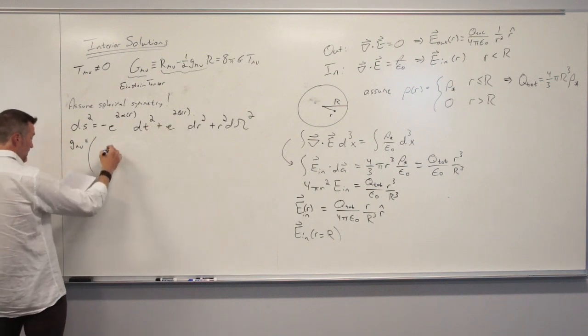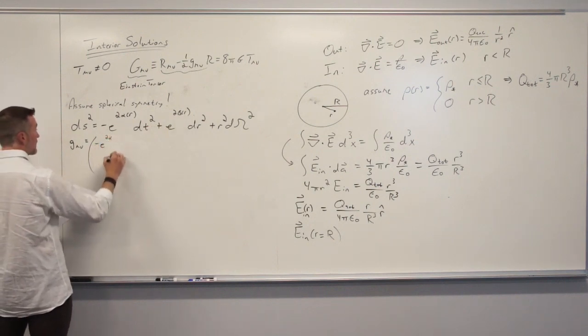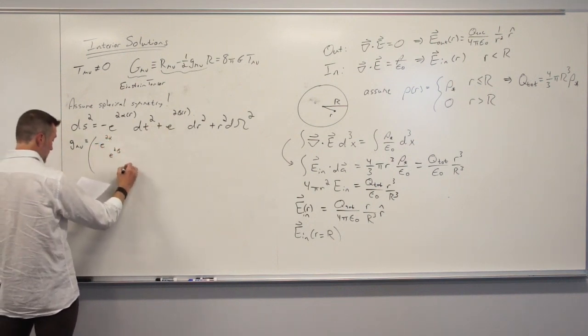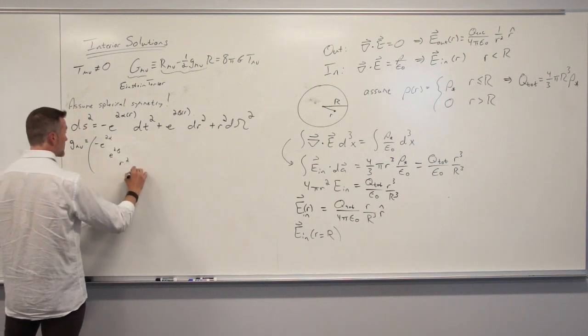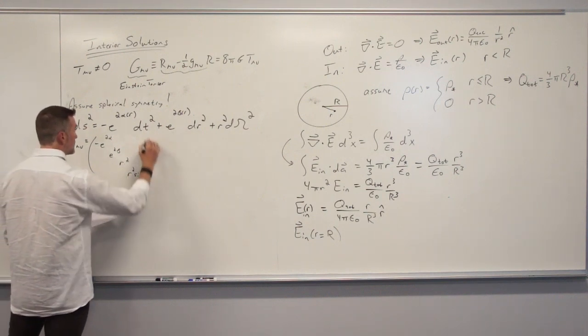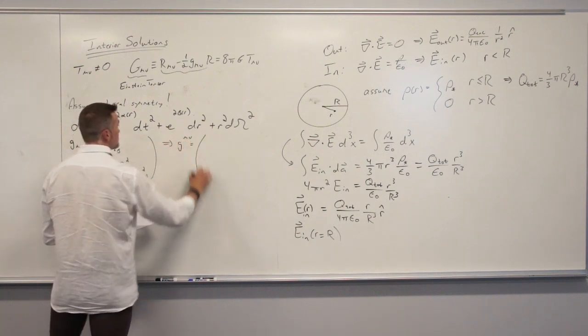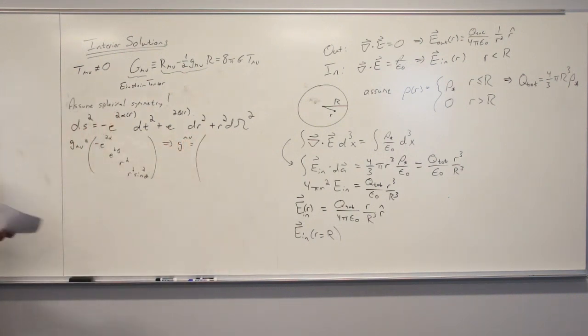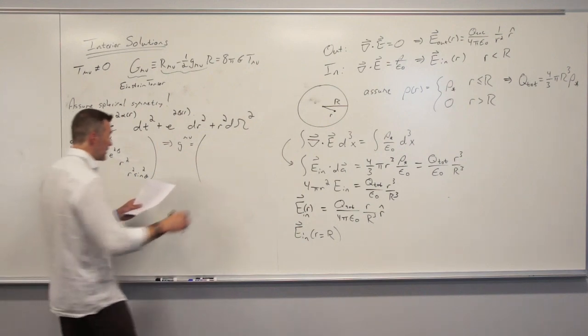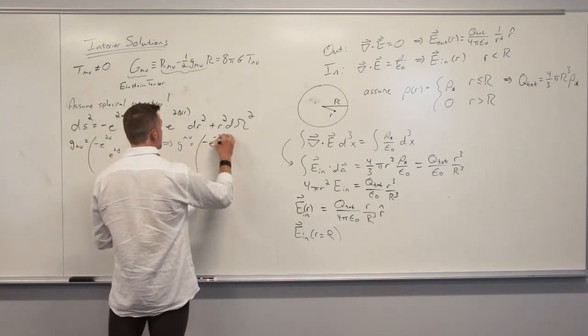Instead of the line element, I'm going to have minus e to the 2 alpha, e to the 2 beta, r squared and r squared sine squared theta. And that tells me that if I calculate the inverse metric, which is easy because it's diagonal, then the signs of the exponents swap.